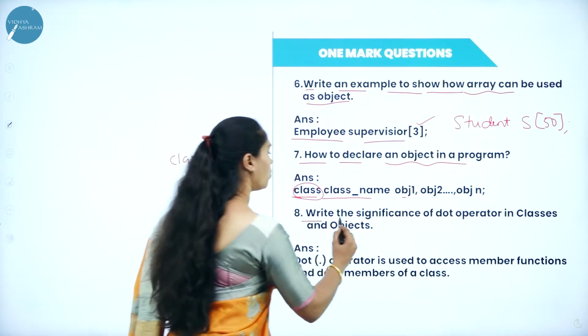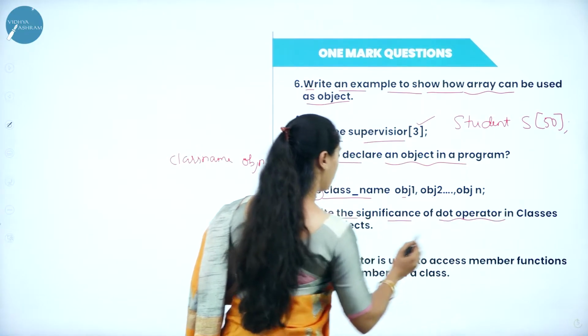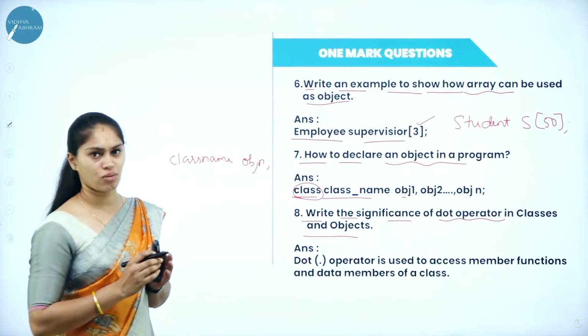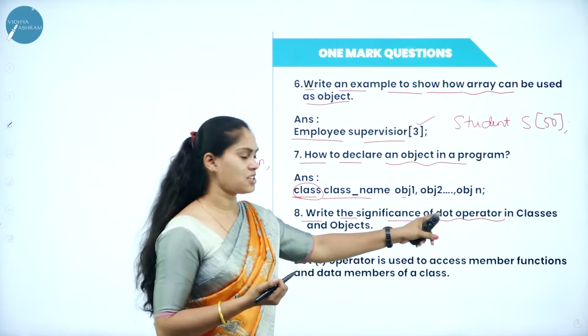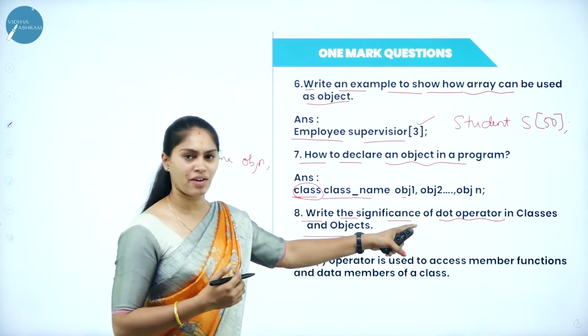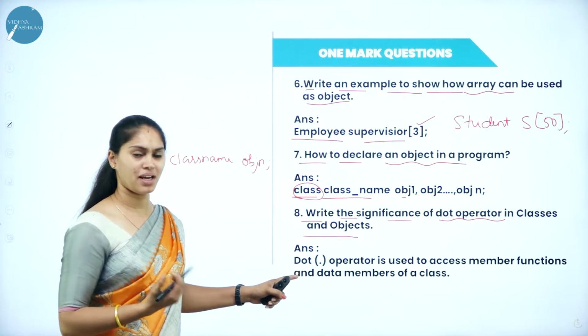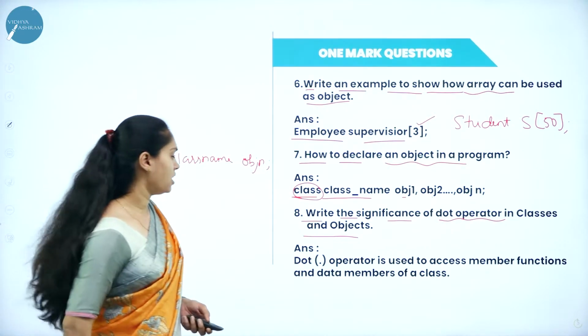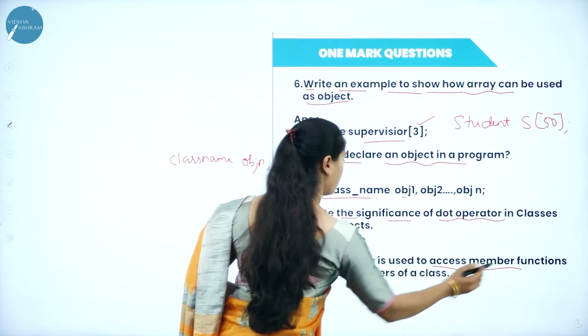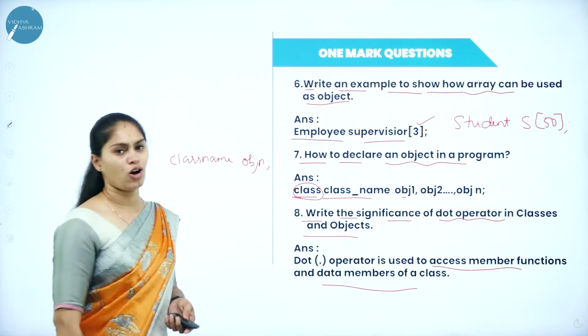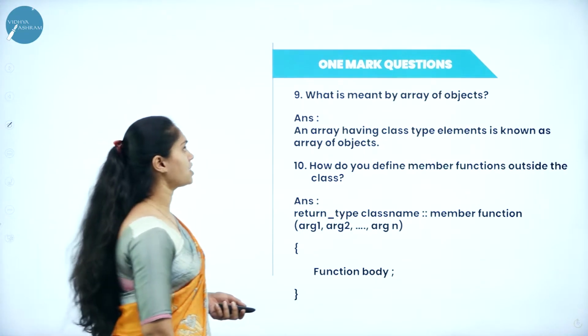Next question, write the significance of the dot operator in classes and objects. Already we have discussed this dot operator. What is the use of having this? In order to access the members of a class. Those members can be either data members or member functions. We'll see the next question.